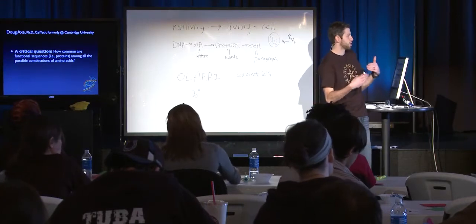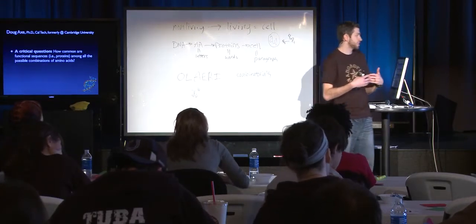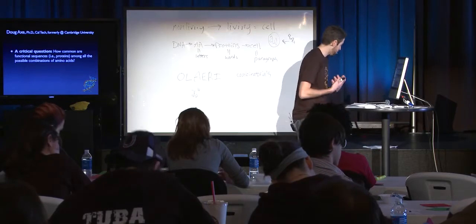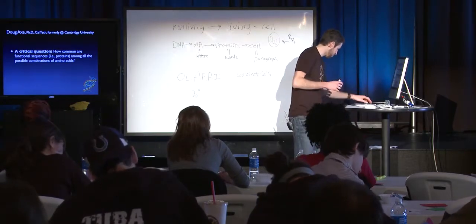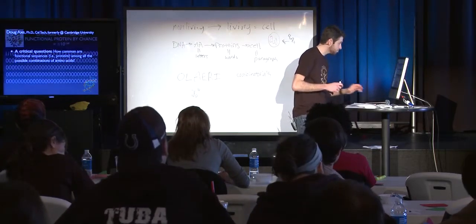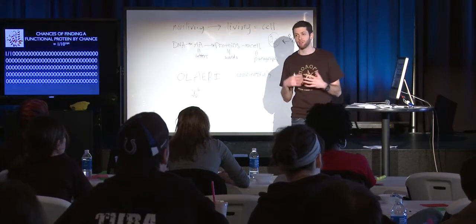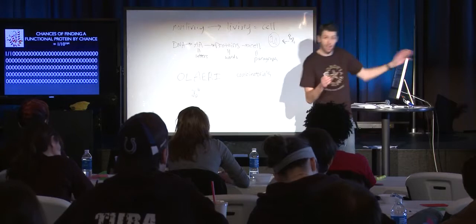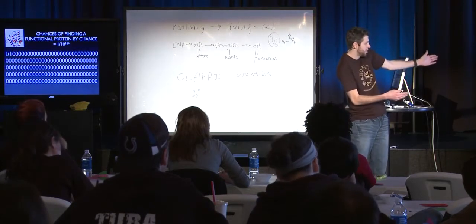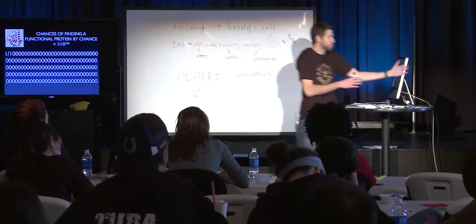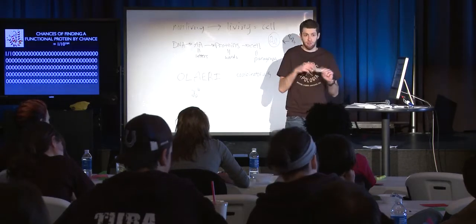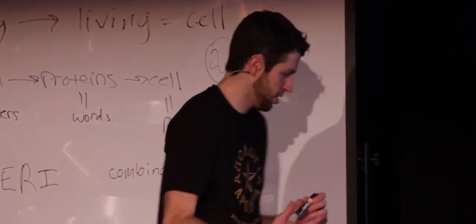He said, how common are those functional sequences? How common are those proteins among all the possible combinations? Well, he came to the conclusion that there are 1 in 10 to the 164. After he did the math, after looking at how many possibilities there were. So I did have some room here. This is 1 in 10 to the 164. That's your chances of getting a functional protein by chance. Okay?